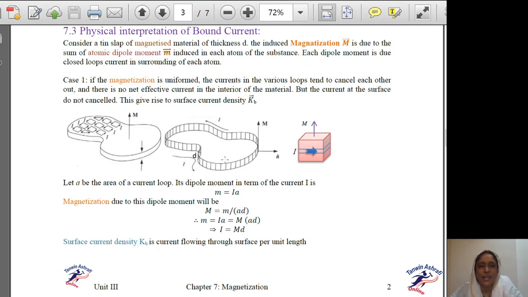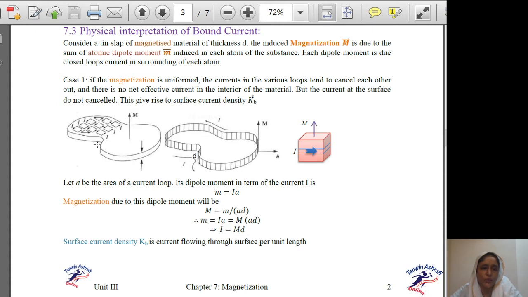Consider a tiny slab of magnetized material of thickness t. The induced magnetization is due to the sum of the atomic dipole moments m induced in each atom of the substance. Now, each dipole moment is due to a closed loop of current around each atom.